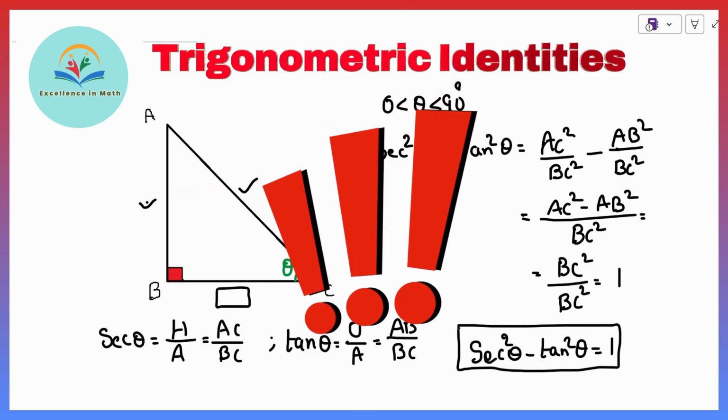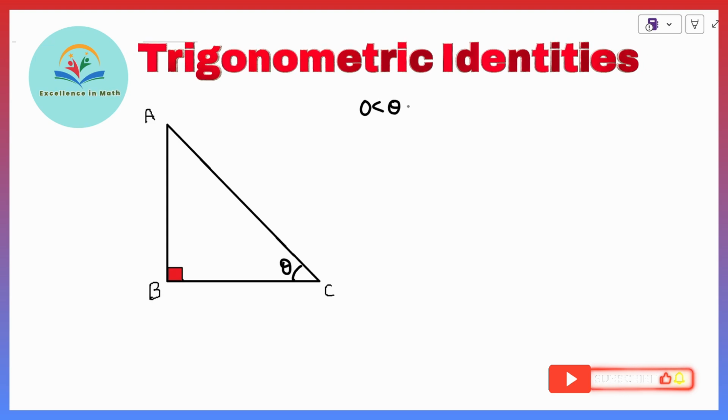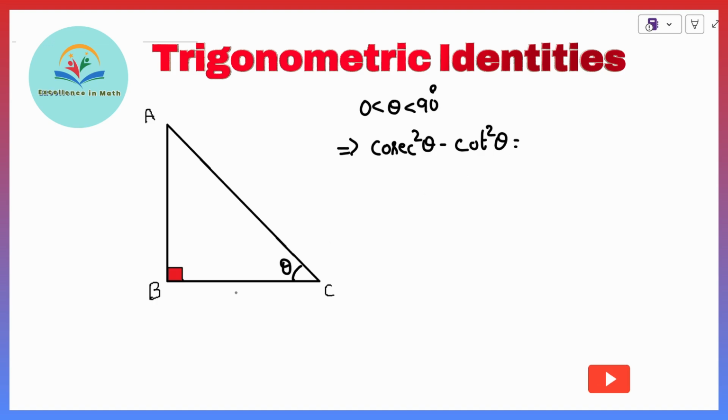Now let's move on to the third one. For any acute angle theta, that is 0 less than theta less than 90 degrees, now we are going to explore cosecant square theta minus cot square theta. We know that the trigonometric ratio cosecant always compares hypotenuse with opposite side, isn't it?